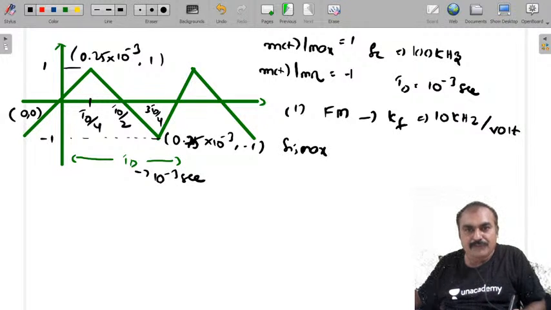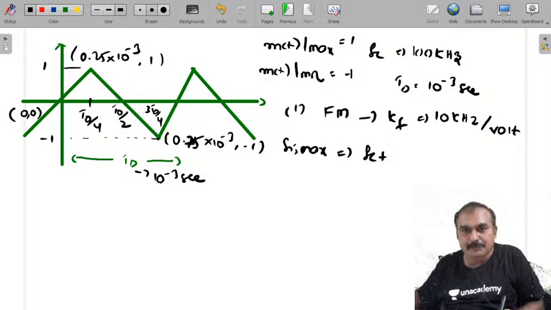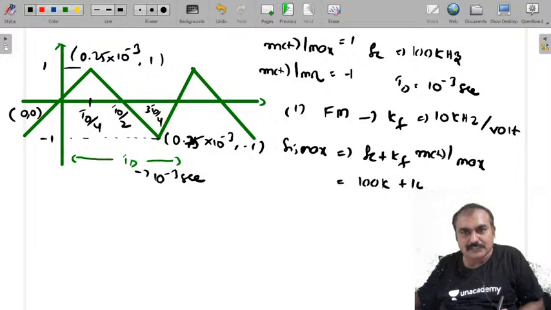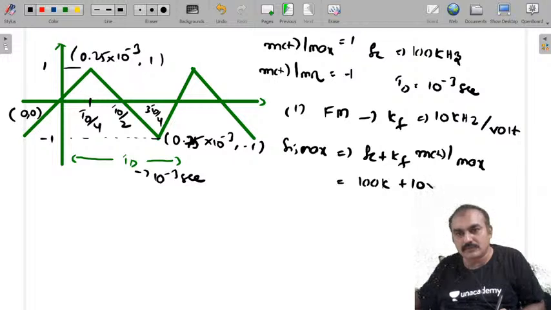Later we will find the phase. First let us find the frequency. Fi equal to Fc plus Kf into m(t) of max. What is the value? This is 100k plus Kf is 10. How much is it? This is 10 into 10 cube into 1 volt.